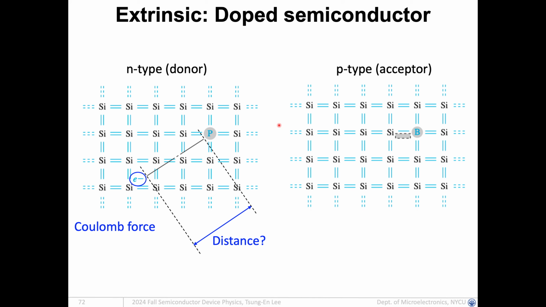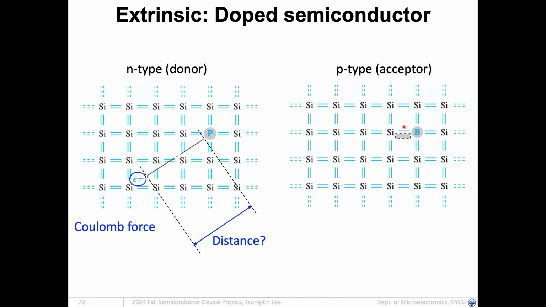In contrast, if we replace the silicon with a group III atom, such as boron, then there will be an empty state in the electron shell, which will attract an electron to fill it, and then the empty position will change.